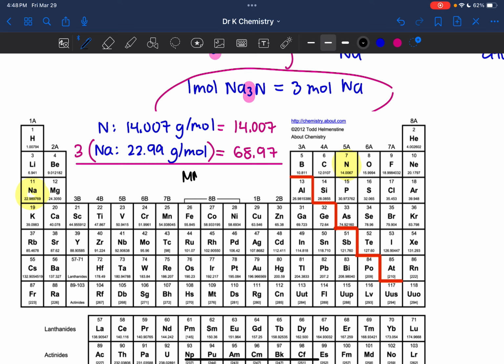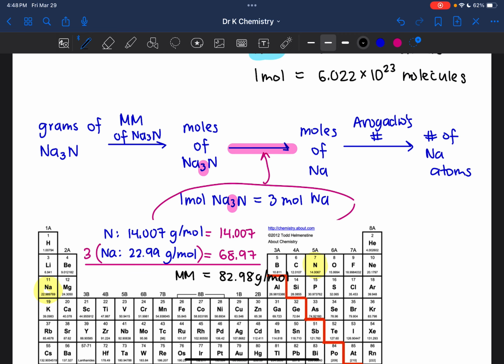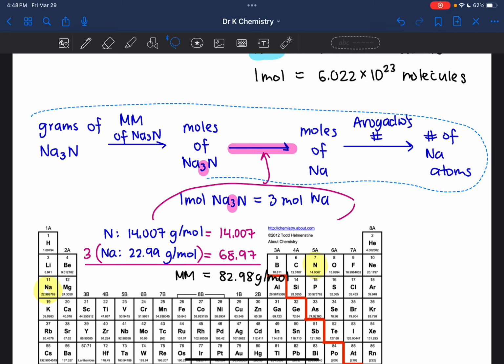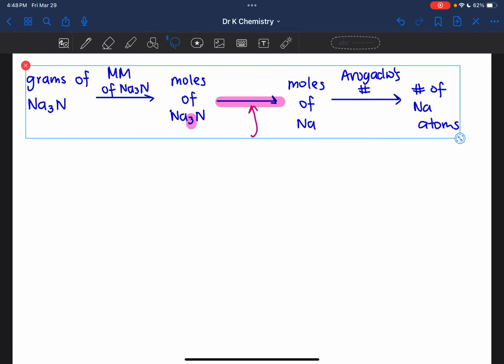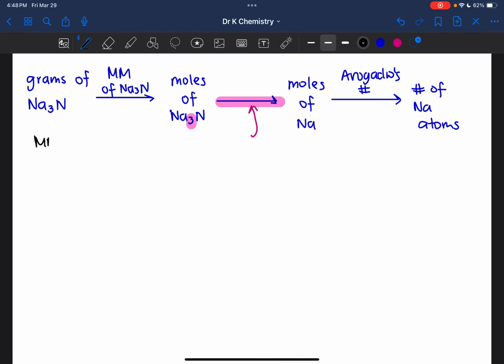And that is getting me that the molar mass of this compound is 82.98 grams per mole. So I need that piece of information for my pathway here. Let's copy this over. And we said the molar mass was 82.98 grams per mole of sodium nitride.